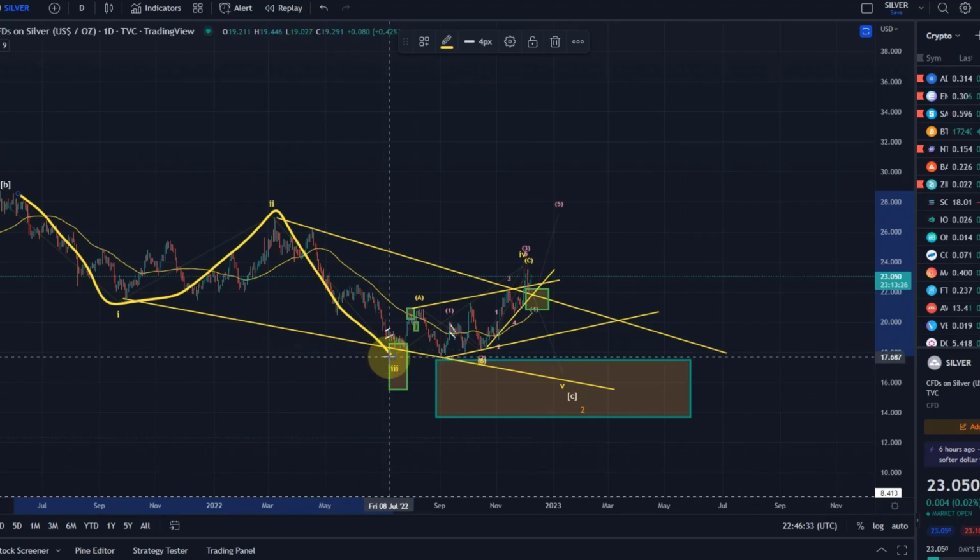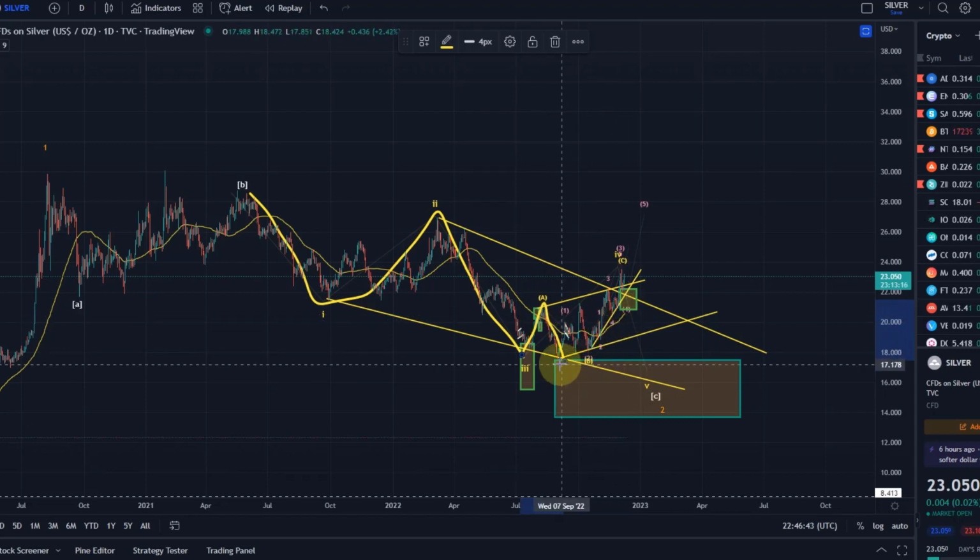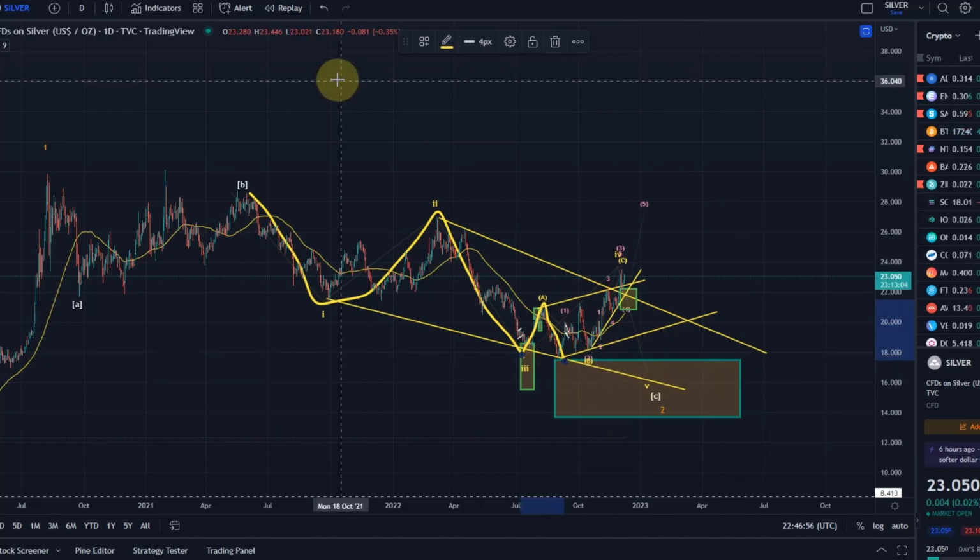So it is possible that we say we had a wave 4 already and we bottomed already here in the wave 5. It would be a very shallow wave 4, but possible. And we also completed with that the minimum requirements for this correction, because in this lower degree wave 2, which should end this bear market, we have reached the target area.